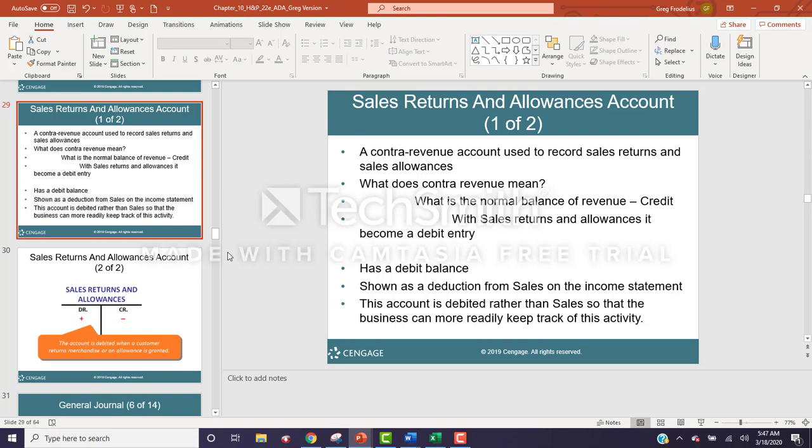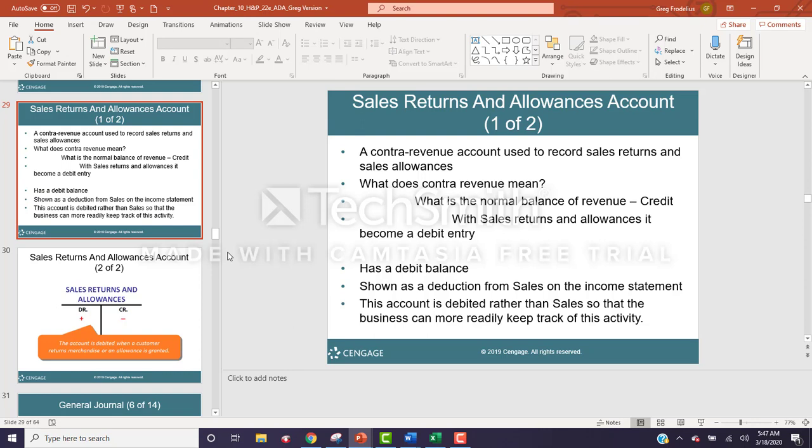The entry for a contra revenue, contra asset, or contra liability account is the opposite of the normal balance. Now we run into a few here and there, so don't panic that we have 15, 20 of these different accounts. What we deal with in accounting 1, 2, and 3 is mainly about half a dozen accounts.